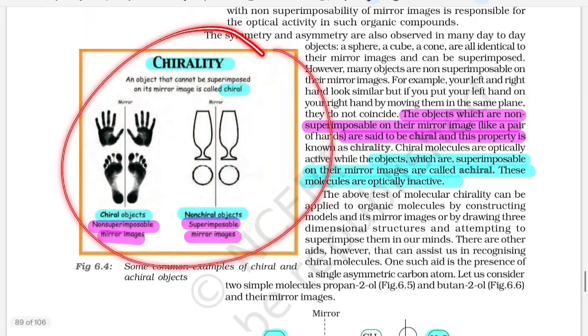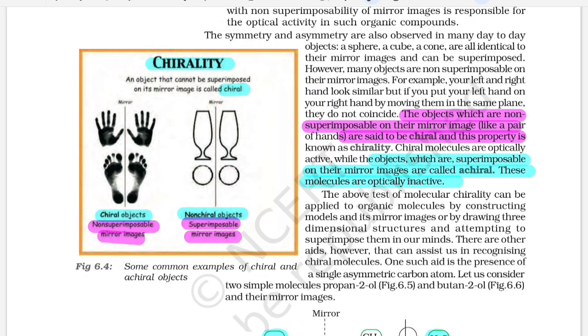You can see this box, chirality. An object that cannot be superimposed on its mirror image is called chiral. So, non-superimposable mirror images: here you can see these are non-superimposable on their mirror images, so such objects are called chiral objects.